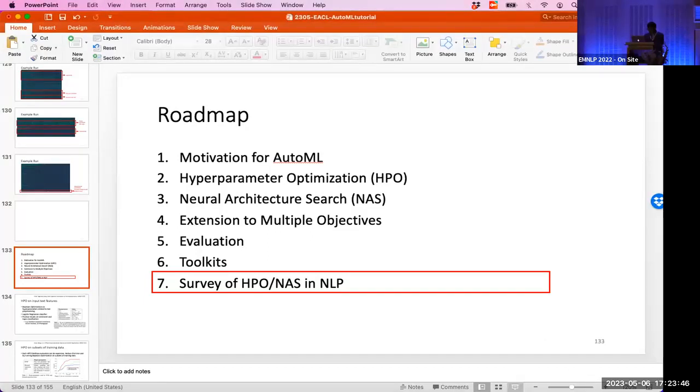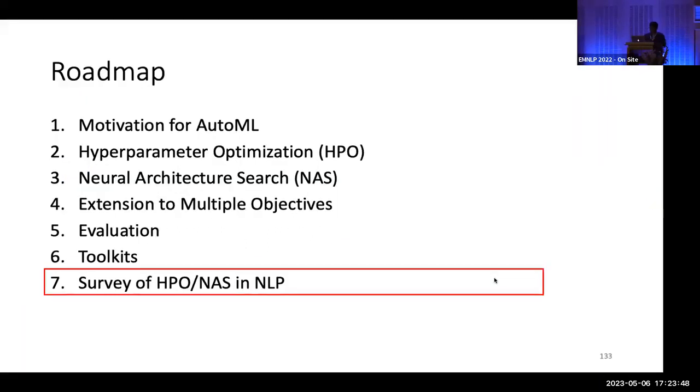All right, so in this final section, I'll just do a brief survey of HPO and NAS methods that have been published in the NLP literature, just to give you a sense. I actually won't cover all of them for time reasons. So I'll just cover a few and feel free to refer to the slides later on your own.